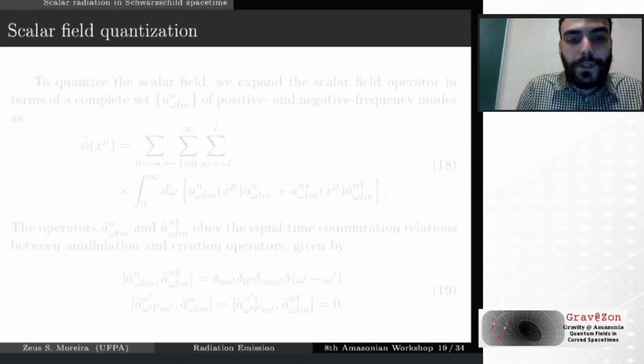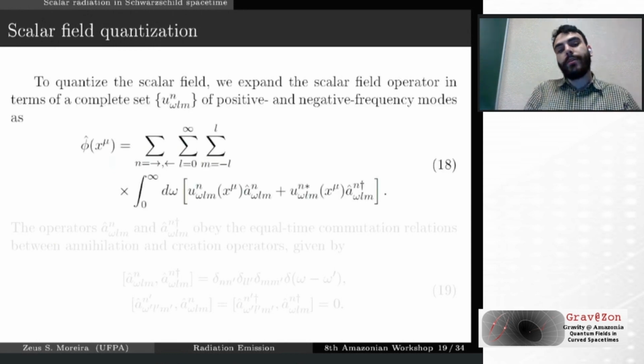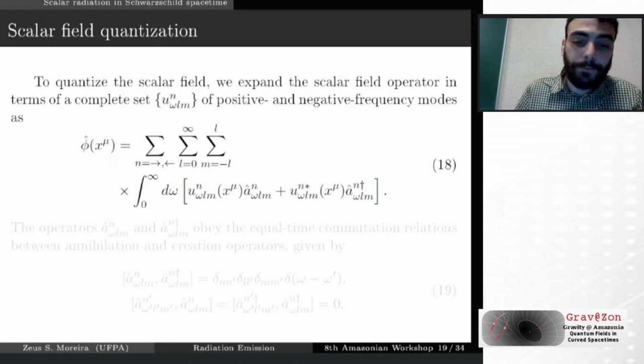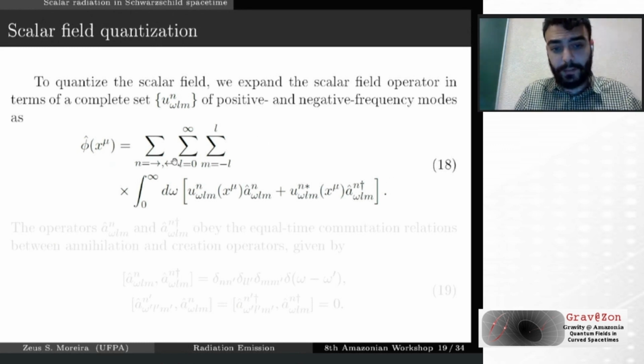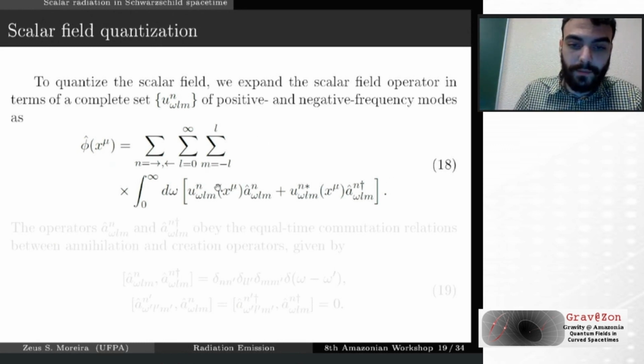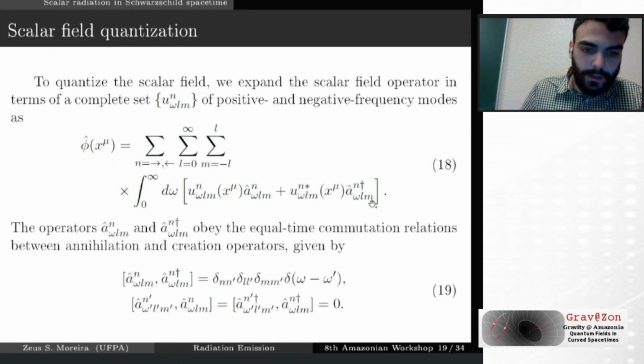So now we wish to quantize the field, so we take our classical field and promote it to an operator in a Fock space, and expand it in terms of positive and negative frequency modes, where here we have defined these new operators A and A dagger. They are the annihilation and creation operators, which satisfy this commutation relation given here in 19.